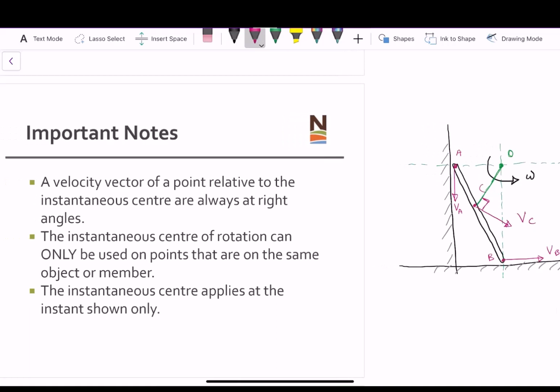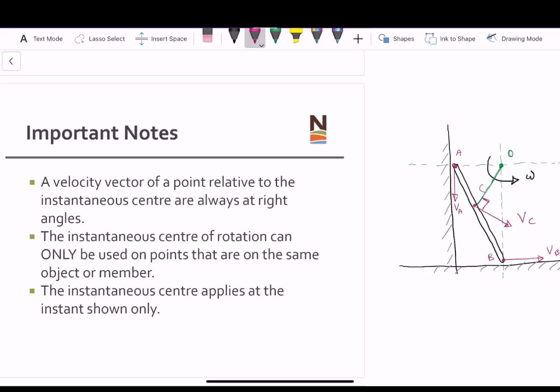The instantaneous center of rotation can only be used on points that are on the same object or member. So this is really important. If you have a number of linkages, so this is just a simple single linkage, so this works. If we had multiple linkages that are tied together, you would have multiple instantaneous centers. You'd have to find the instantaneous center for each individual body.